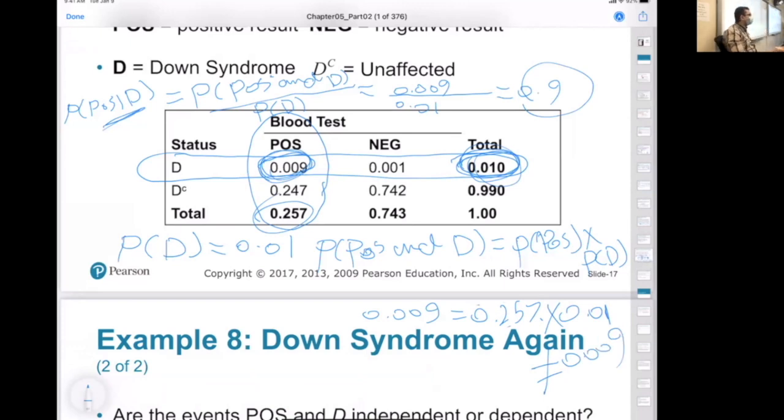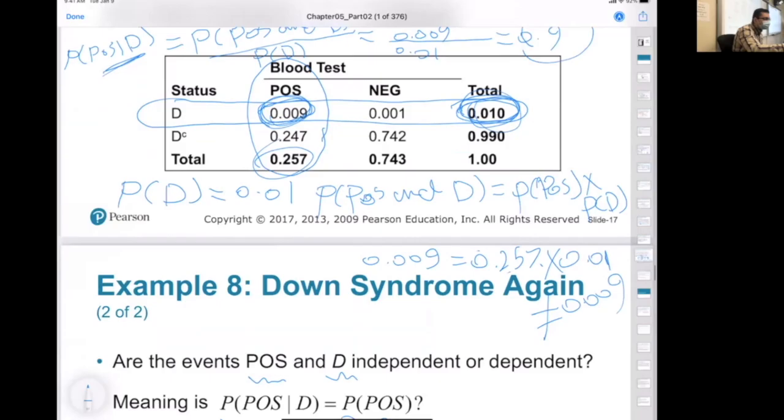Completely different, right? So in this case, again, positive and D are not independent events. They are dependent events. Okay?